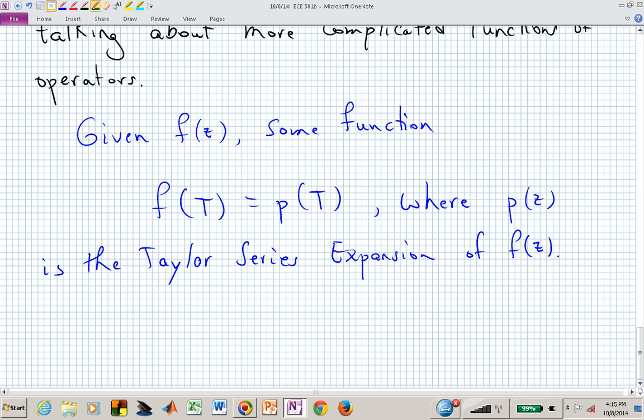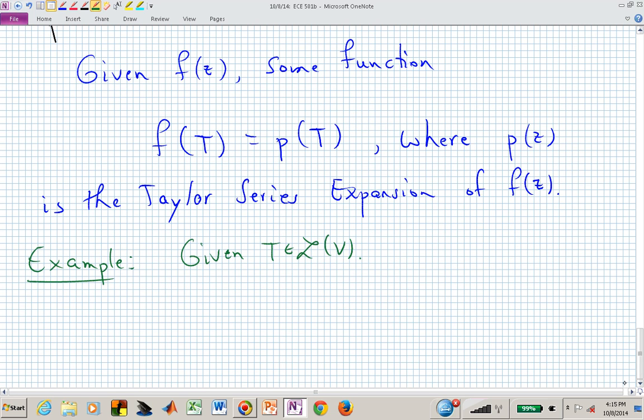A very useful example can be given. Let's say we're given a linear operator T on some vector space V, and suppose that somebody says, I want to find what the operator exponential looks like.